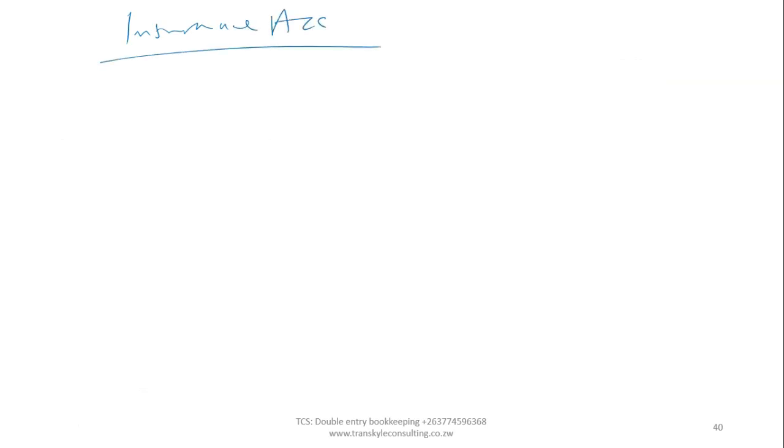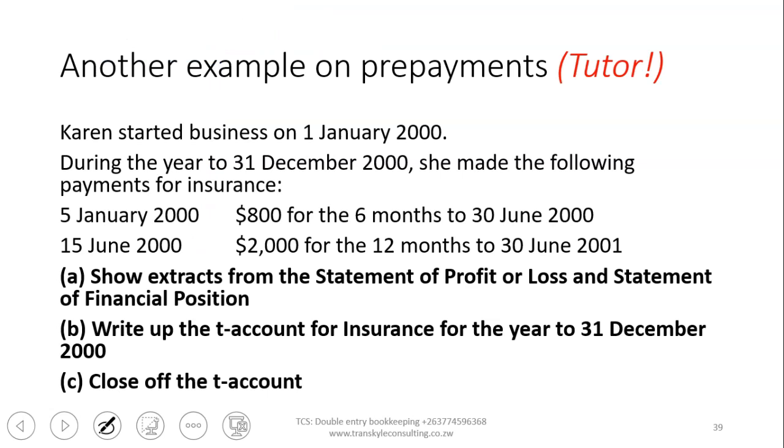We just need to do the same thing. An insurance account is an expense account, like a telephone account or rent account. So what happens is there were payments which were made, 800 and 2,000.